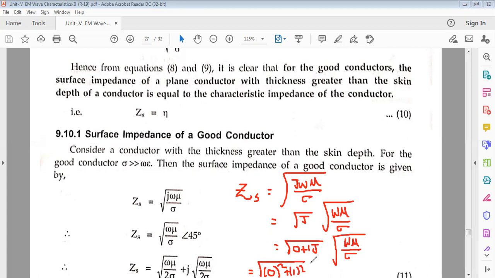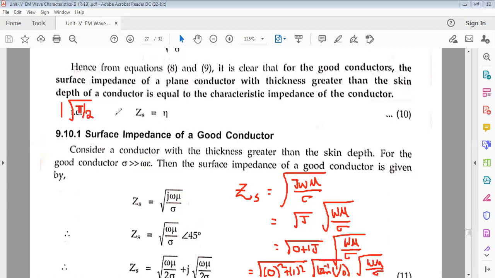And what is the angle? The angle is tan inverse of 1 by 0, which is infinite, nothing but pi by 2.